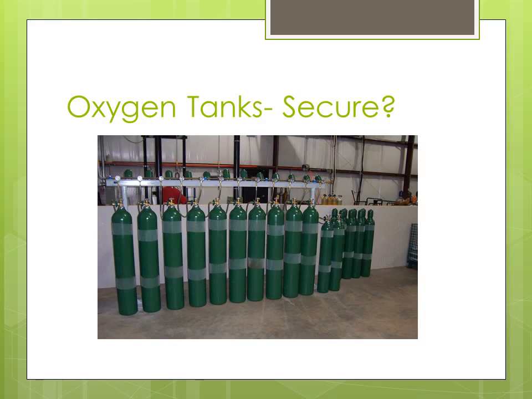Here's a good example. This is a manifold system with a bunch of green oxygen tanks connected to it. But when you look at this, what is this stuff here? Is this holding this and securing it to that wall? My assessment is it's not. It seems like these are just freestanding with nothing holding them up at all.